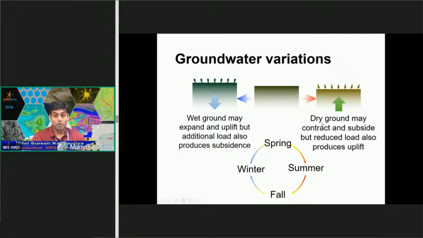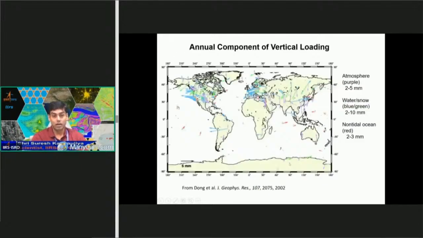And in dry time, the ground may contract and subside, but the reduced load also produces uplift. So this non-tectonic effect can also create error in our millimeter or sub-millimeter accuracies. And this is the vertical loading globally.